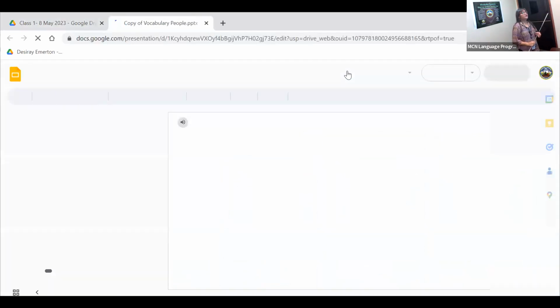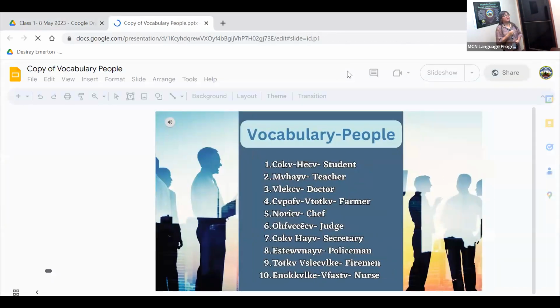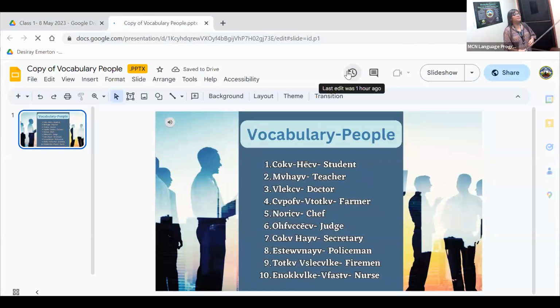And here's our new vocabulary. I know I presented this last week, but I'm trying to just keep going over some of the same things. So maybe these vocabulary words or these conjugations will stick in your head. I know when I hear the Mvhayvs now, when they speak, my conjugation vocabulary, I mean, and just regular vocabulary expanded, so I can understand more of what they say and how they say it.